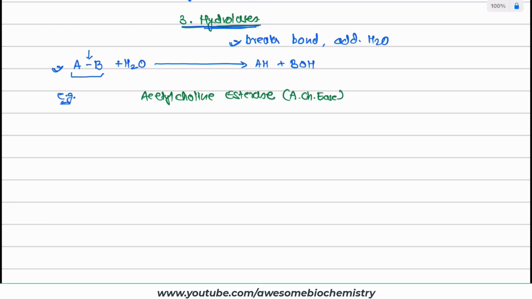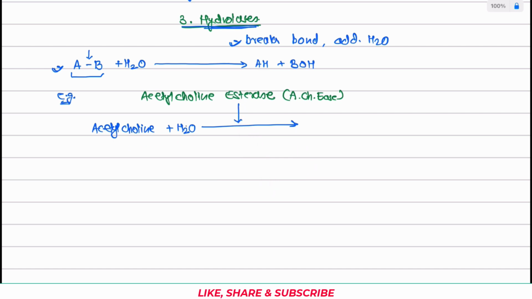This enzyme acts on acetylcholine, and as per the rule, it has to add water. So a water molecule is added. Now this enzyme acts on both substrates, and it is separated into acetyl and choline. The acetyl gets converted to acetate, and choline is separated. So as we can see here, the bond is broken.